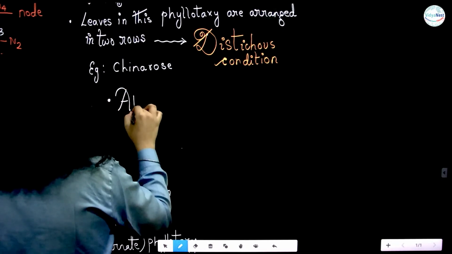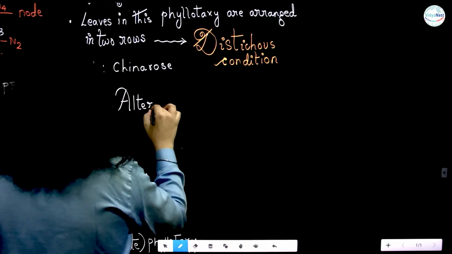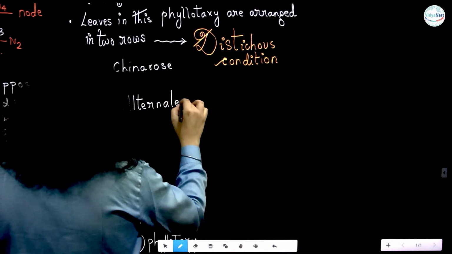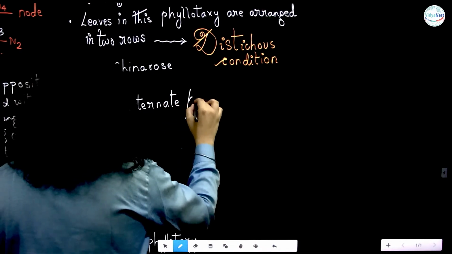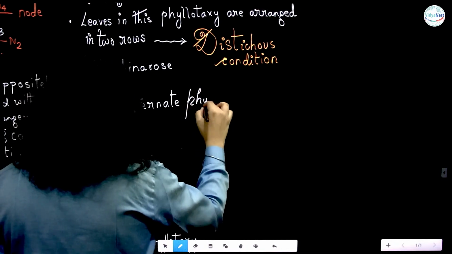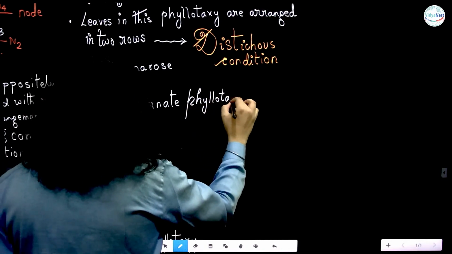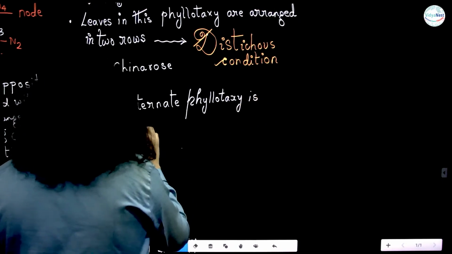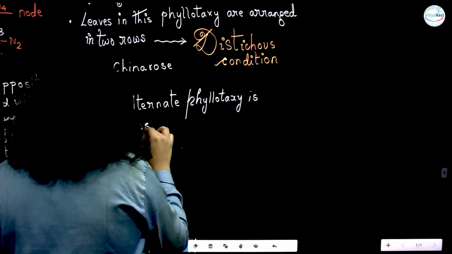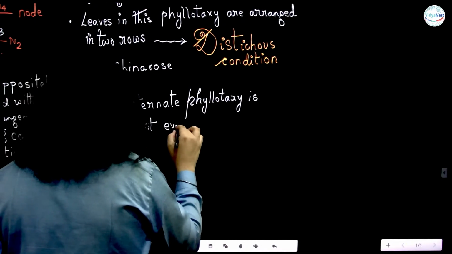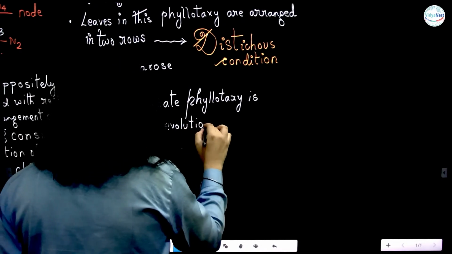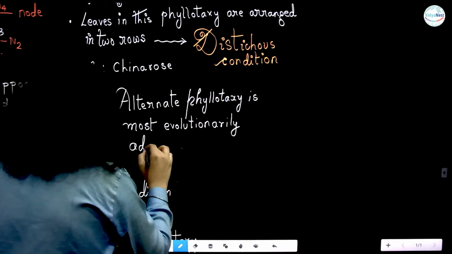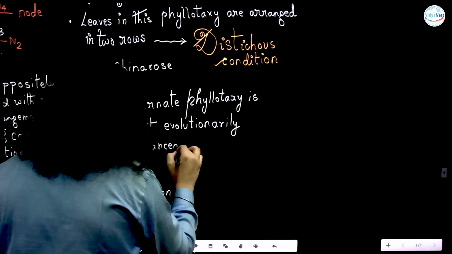Alternate phyllotaxy is most evolutionarily advanced phyllotaxy.